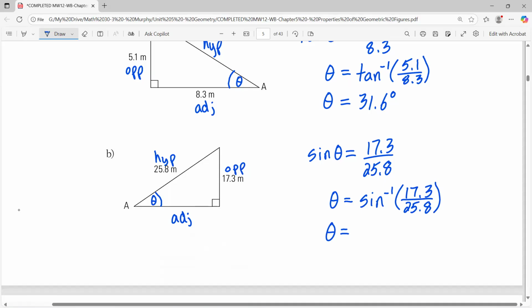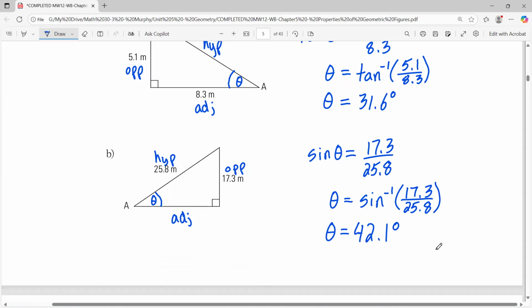Okay, that's not right. I gotta see if I'm in the right mode. I might be in the wrong mode. 17.3 divided by 25.8. Oh yeah, no, that's right. Sorry. 42.1. There we go. Okay. So there's our angle.